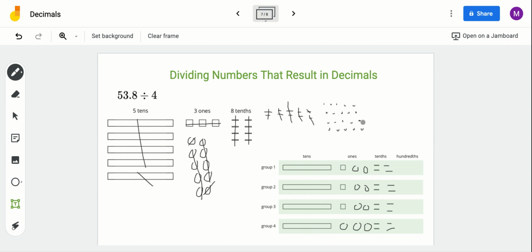It's a number I can divide by 4. So 20 divided by 4 is 5. So I can put these 5 right here. Put these 5 over here.